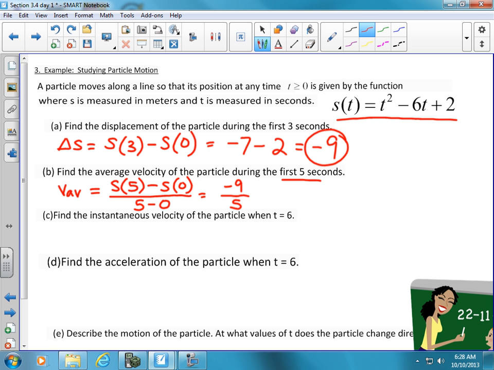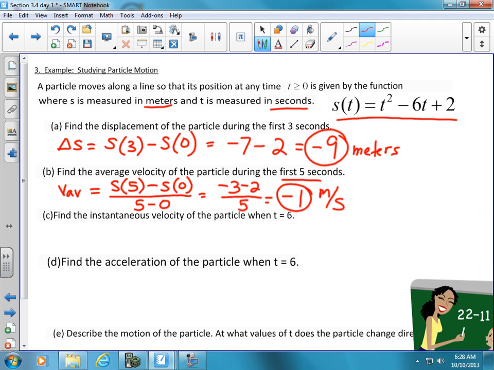Did I do that wrong? Oh, I'm sorry. We're doing 5 now, not 3. So the particle at 5 is negative 3, and the particle at 0 is 2, and then we divide that by 5. So we have a negative 1. So the average velocity of the particle during the first 5 seconds, and this would be meters per second, this would be meters, just so that you know what the units are. And I know that because that's what it told me, meters and seconds.